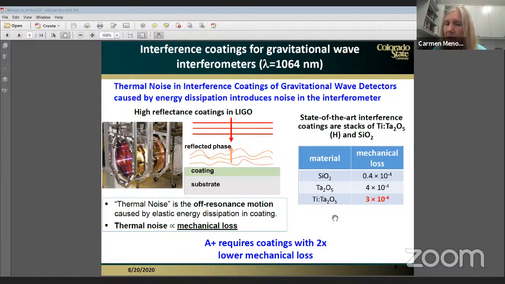So we are working on the high index material to reduce mechanical loss. Today, the state-of-the-art coatings show that the high index layer, which is tantalum doped with titanium, has a mechanical loss of 3 times 10 to the minus 4. So for the next generation of gravitational wave interferometers, what we are looking at is decreasing the mechanical loss by a factor of 2.